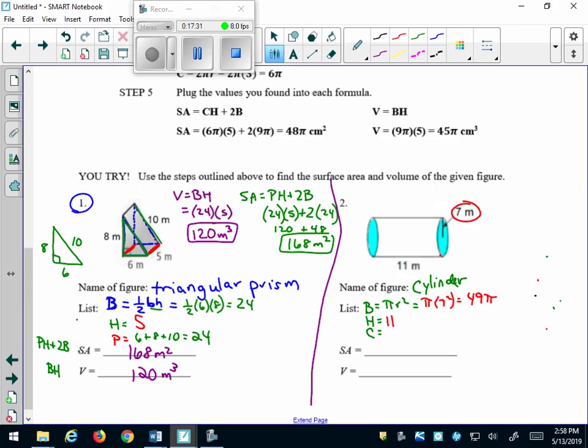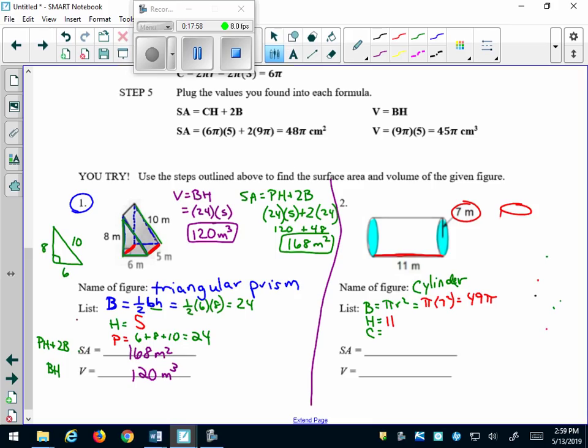I know it seems weird that this is height since it's laying down, but we identified height as the distance between the two bases. Think about it this way. If you're standing up and your height is 6 feet, and now you lay down, if I asked you your height when you're laying down, wouldn't you still say 6 feet? Yes.